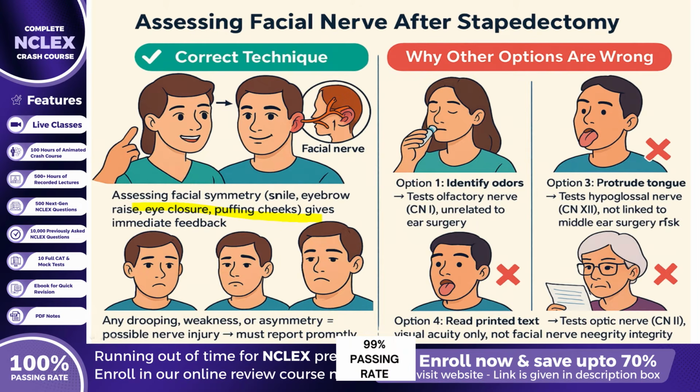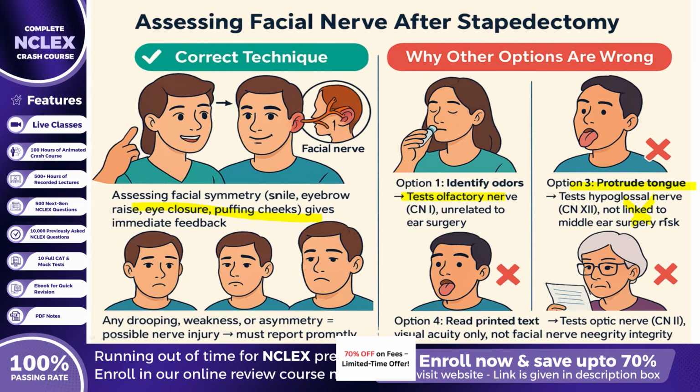Now, let us consider why the other options are incorrect. Option 1, identifying familiar odors, actually tests the olfactory nerve, cranial nerve 1. This nerve is responsible for smell, not facial motor function, and it is unrelated to ear surgery complications. Moving to option 3, protruding the tongue midline assesses the hypoglossal nerve, cranial nerve 12.